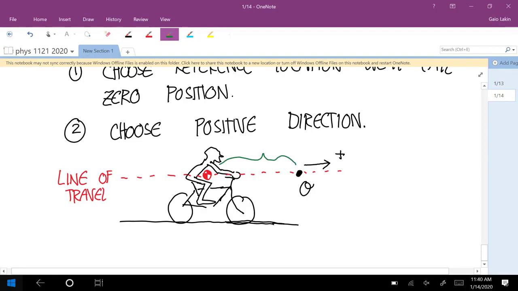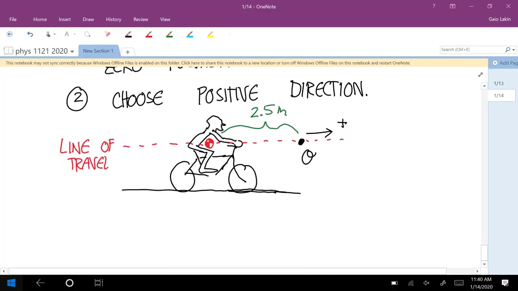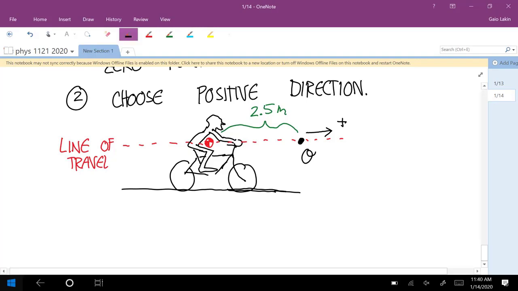Let's say that that's 2.5 meters. So then numerically, what's the position? The position is a distance of 2.5 meters.